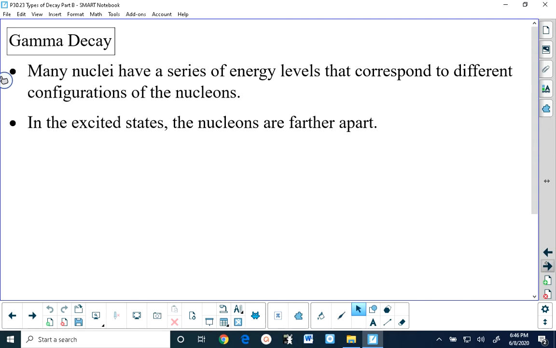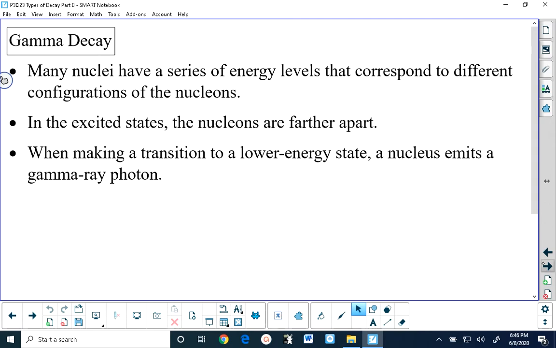And as a result of that, we talk about nuclei having excited states, kind of like when we talk about atoms being excited, except this has nothing to do with electron energy levels. So when a nucleus is in an excited state, what that physically means is that the nucleons are farther apart than they would be in a less excited state.